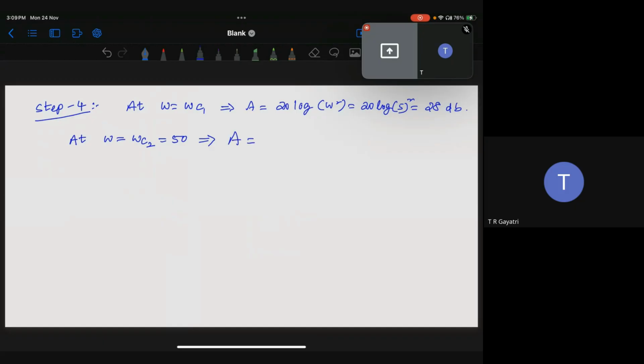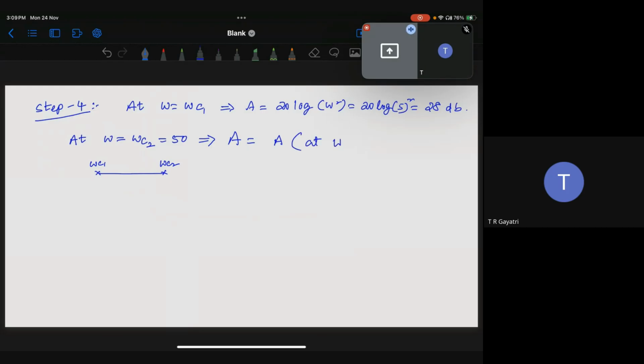Now we are interested to find what is the A value here. So the A value here is nothing but you are trying to find between 2 points. So this is omega C1, this is omega C2. Then we find the A value in the same form, y is equal to mx plus c.